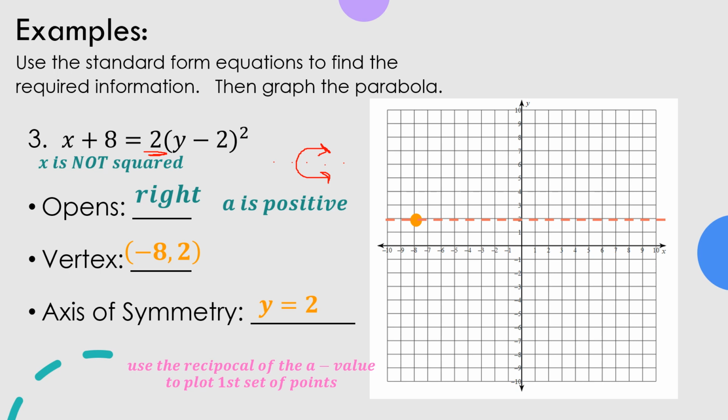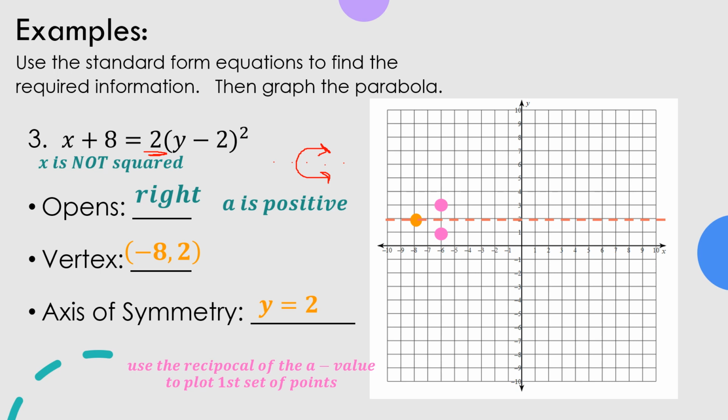Okay, cool. So that means I'm going to go up or down 1 and then over 2. There we go. Or you could think you're going to go to the right 2 and then up or down 1. Okay, do its reciprocal. So I've got my first set of points that I could sketch at -6, 1 and -6, 3.